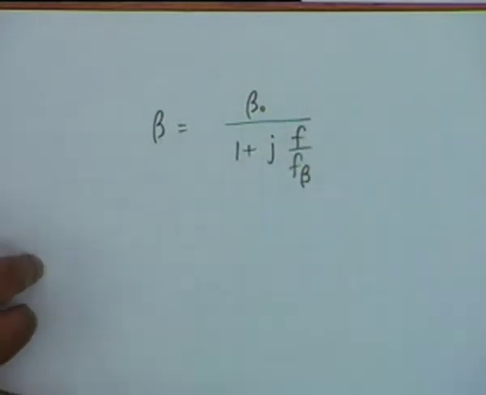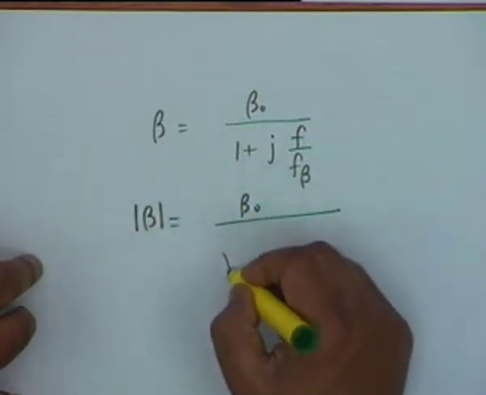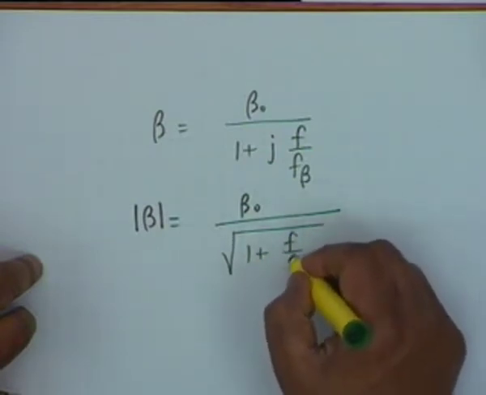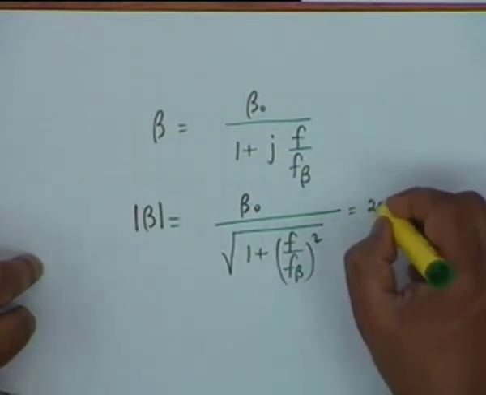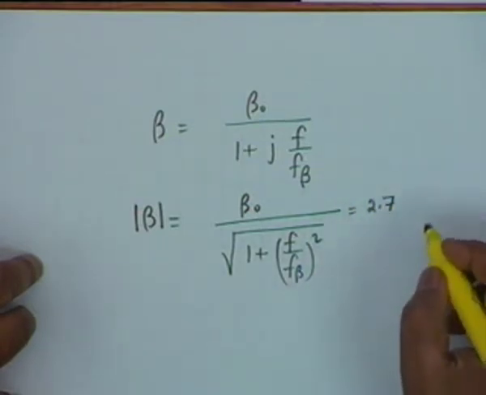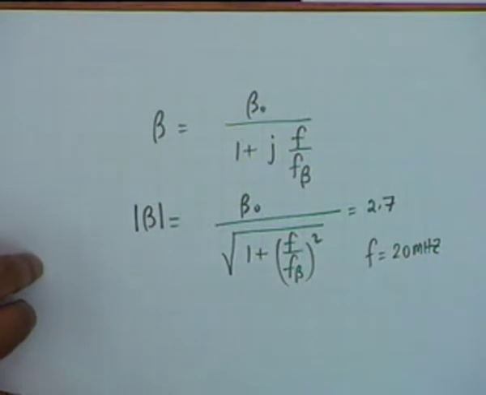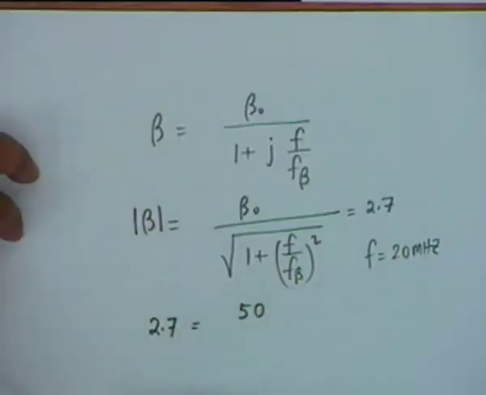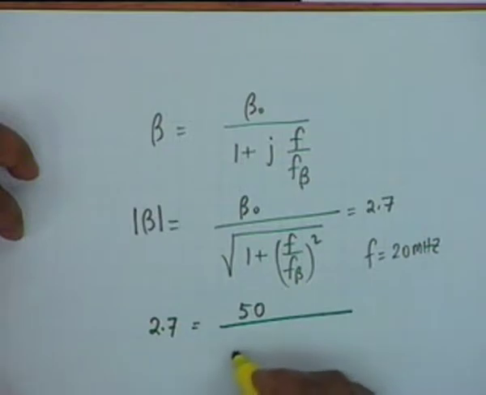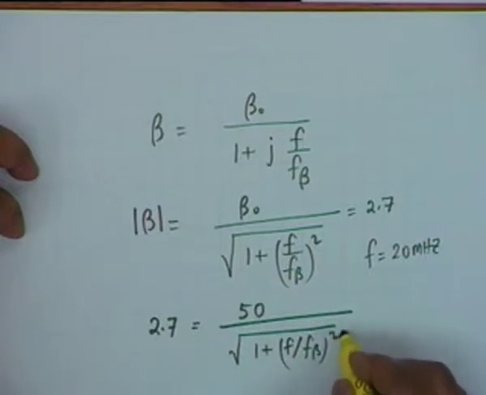We have been given that the magnitude of beta, which is beta 0 divided by square root of 1 plus f by f beta whole squared, is 2.7 when frequency f is 20 megahertz, and therefore 2.7 is equal to 50 divided by square root of 1 plus f by f beta whole squared.